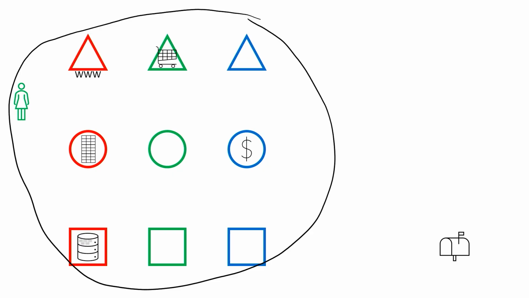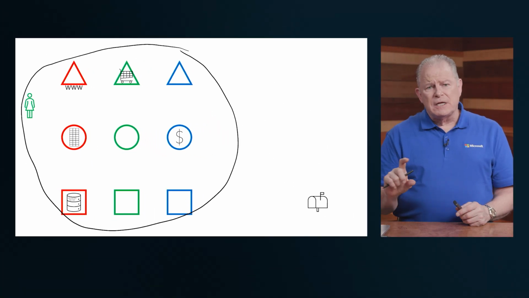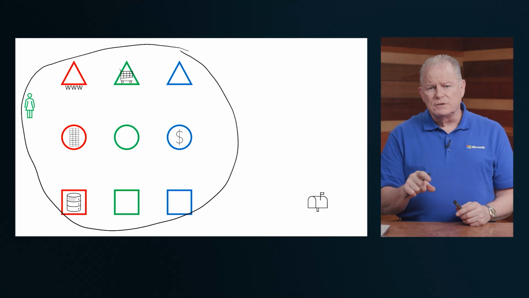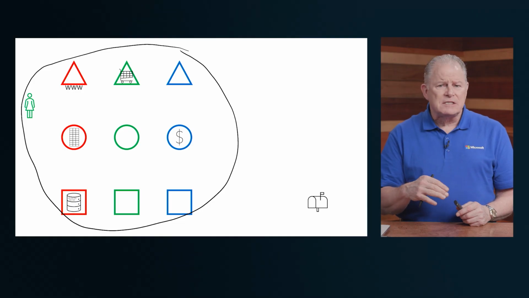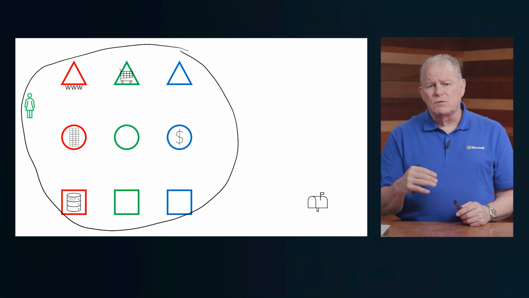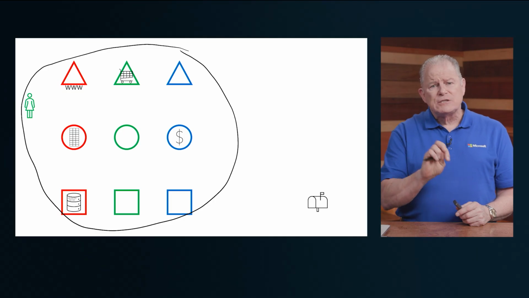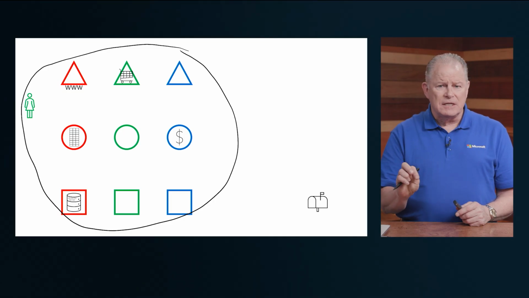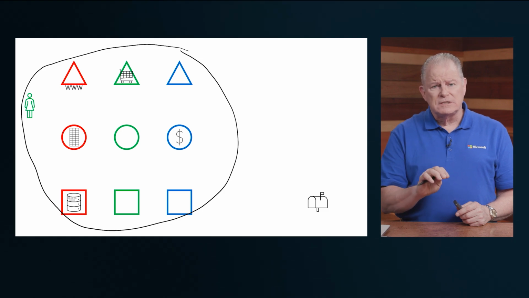In these examples, I'm going to talk about that top line, often referred to as the system of engagement or the front end, represented by the red triangles, green triangles, and blue triangles. That's your front end facing end user interactions to your application. The middle line, represented by a series of circles, the red circle, green circle, blue circle, becomes that business tier or middle tier. And then we have our back end represented by the squares, red square, green square, blue square. We'll be building these all out throughout all of these recordings. As we build in new features of different capabilities throughout this course, we'll show you where it fits in.